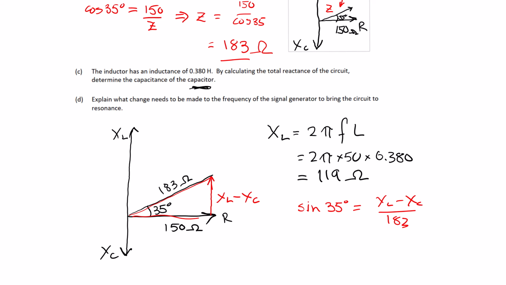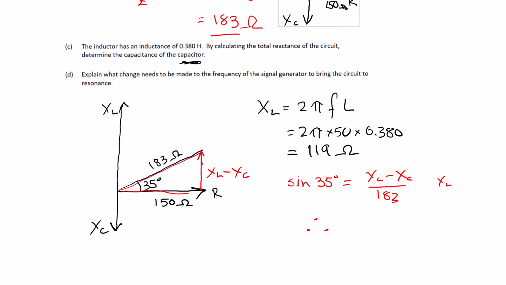In which case, since we worked out XL to be 119 ohm, we can solve this equation for XC.